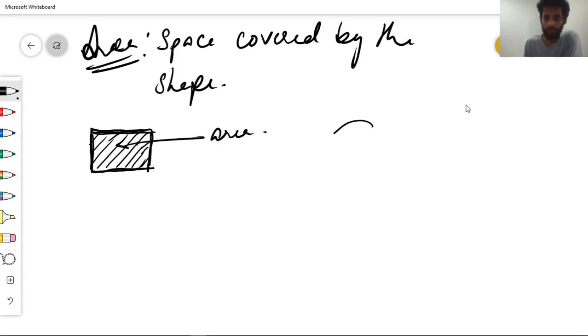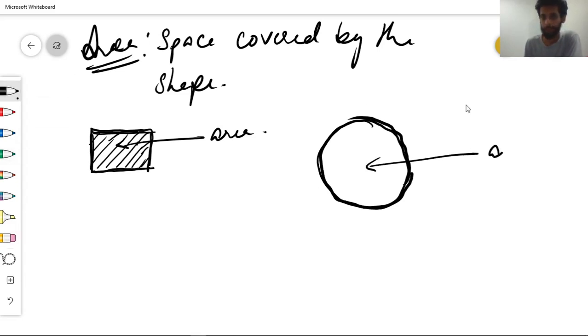This is a circle. The outer boundary is called the perimeter. The perimeter of a circle is called the circumference. But the inside part is called the area. You will get the circle part later on, but just understand what is area.